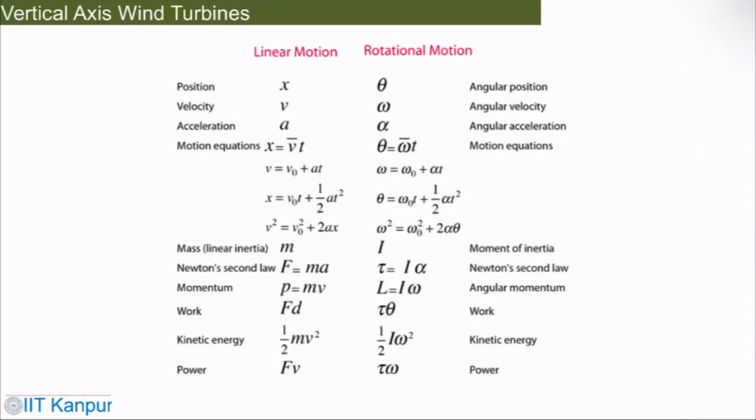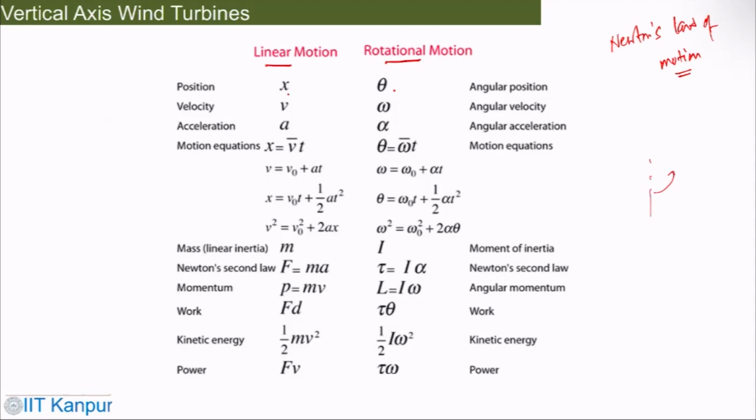Now, if you compare Newton's law of motion, you could easily see the linear motion and the rotational motion and their parameters. So there would be position x, and here the angular position theta, because it is rotating through an angle.